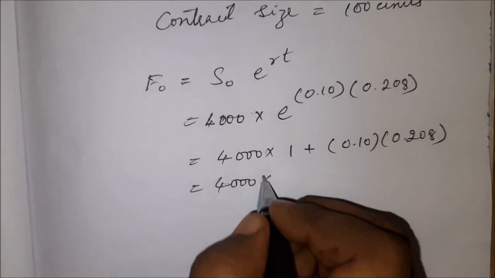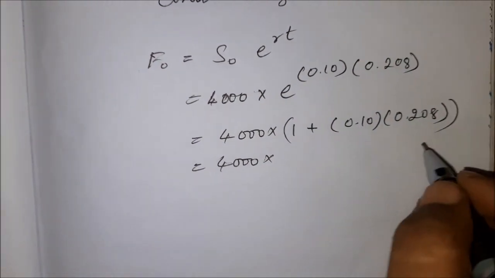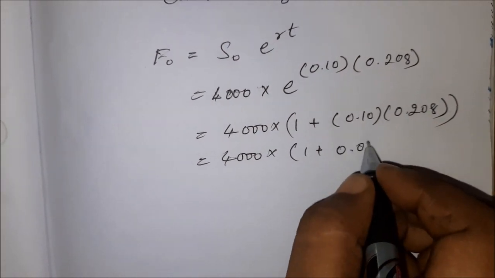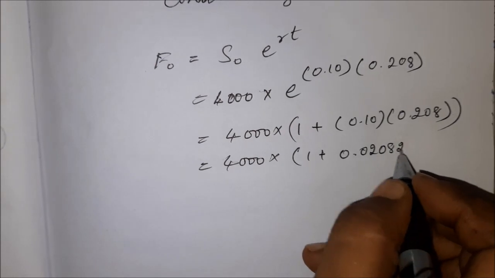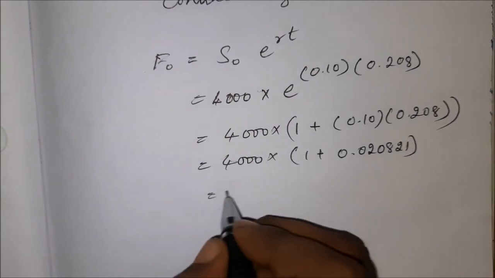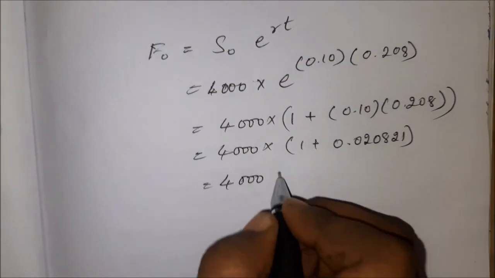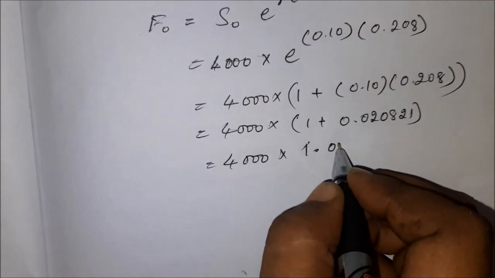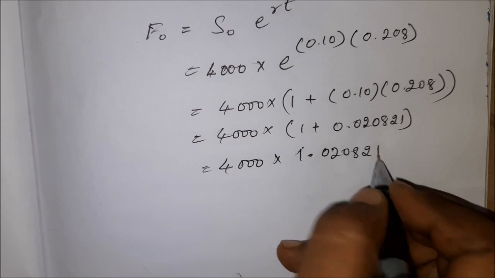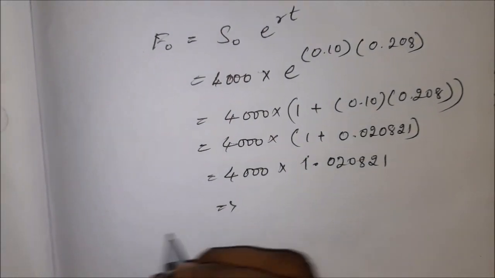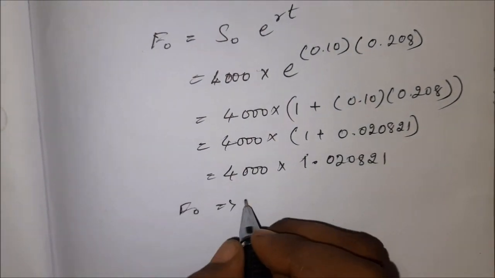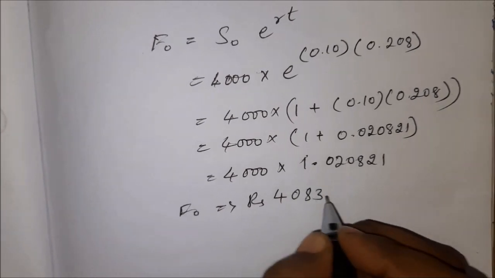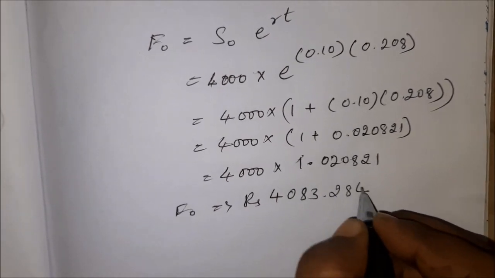After multiplying this, you will get 0.020821. 4,000 into that. After multiplying, we will get future price rupees 4,083.284.